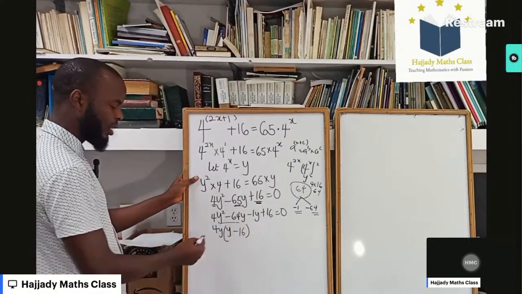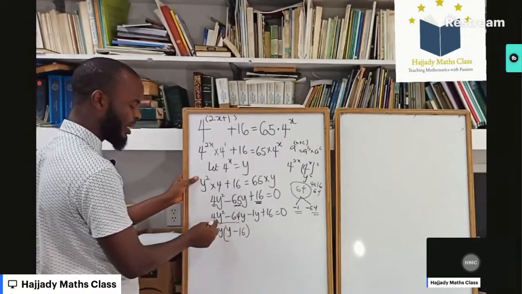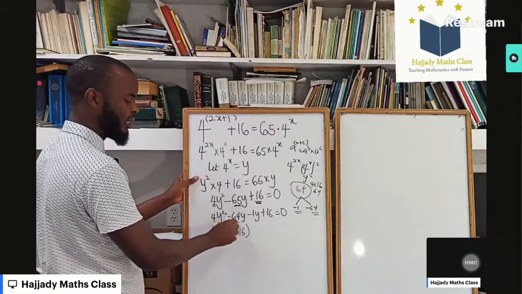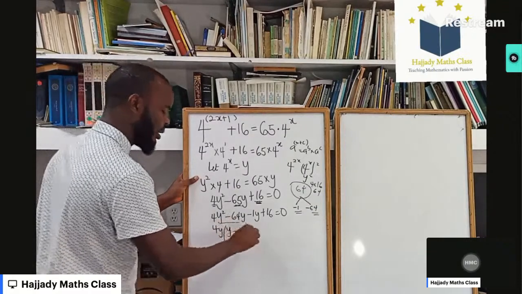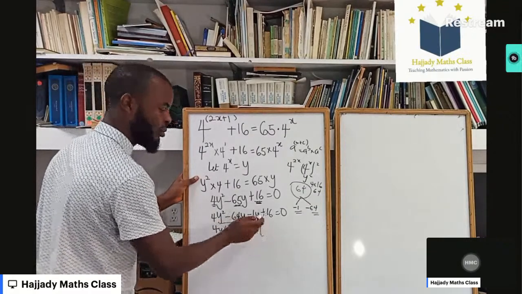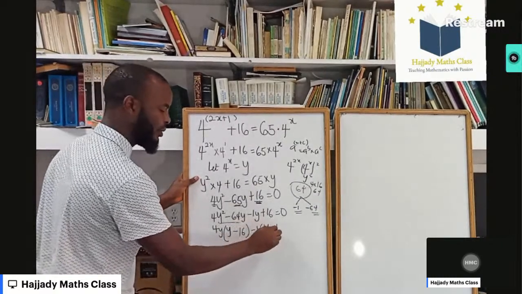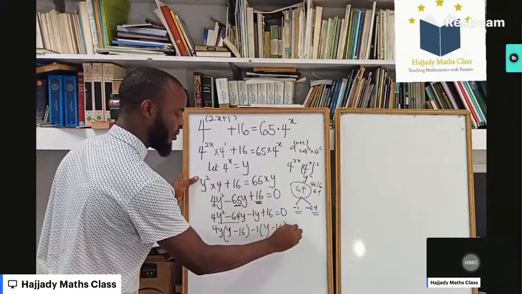So now let's multiply out. 4y multiplied by y gives 4y squared. 4y multiplied by -16 gives -64y. Minus 1 is common to the last two terms. Here I'm having y minus 16 equals 0.